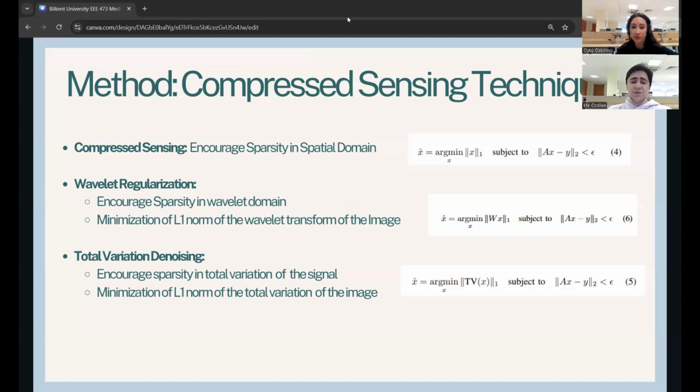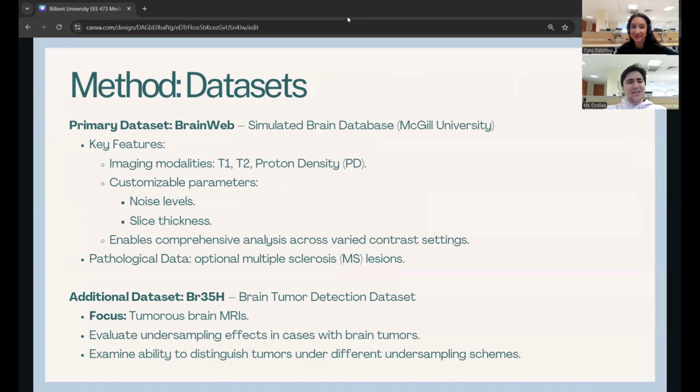For total variation denoising, we need to have sparsity in the total variation, the total change of the signal in the image domain. We need to minimize the L1 norm of the total variation of the image as well, similar to equation 6. For this study, we used 2 main data sets, and one of them is the data set from BrainWeb, McGill University.